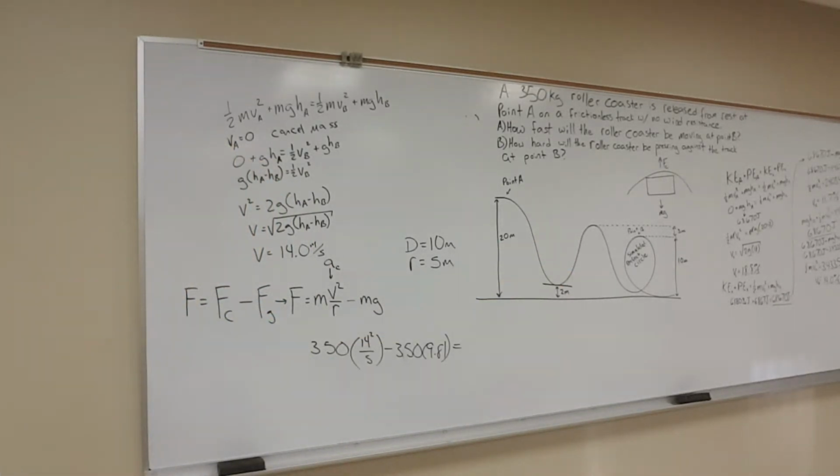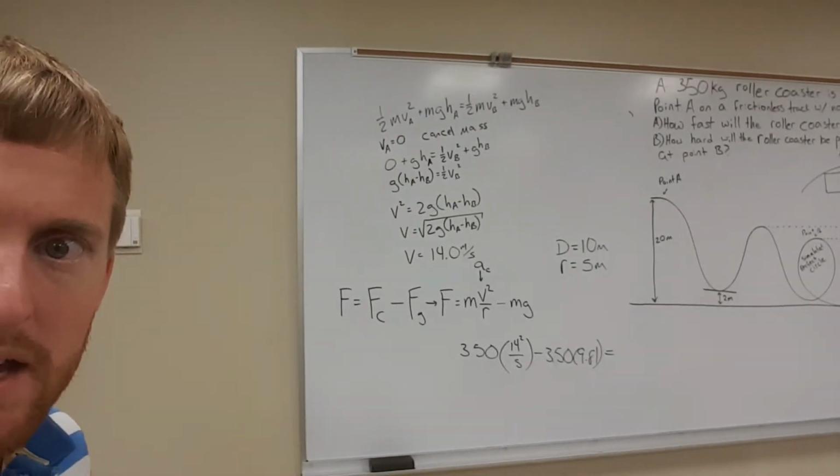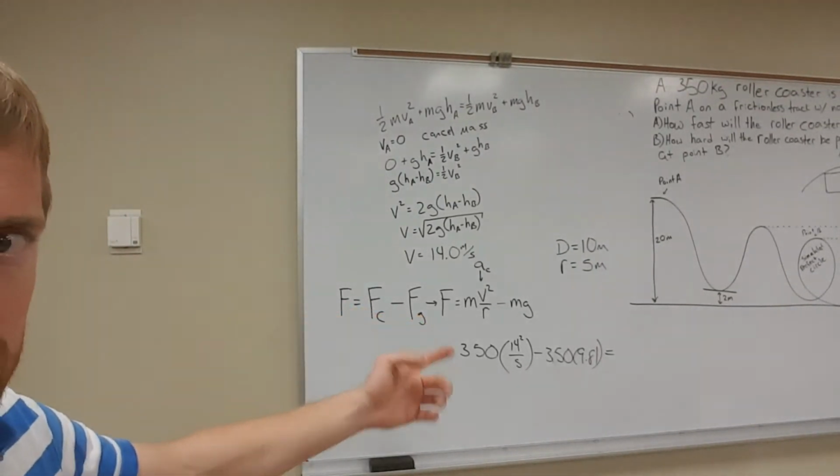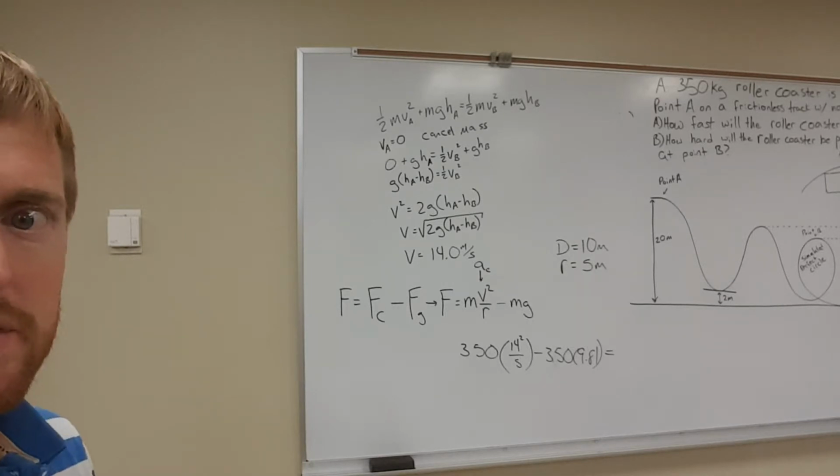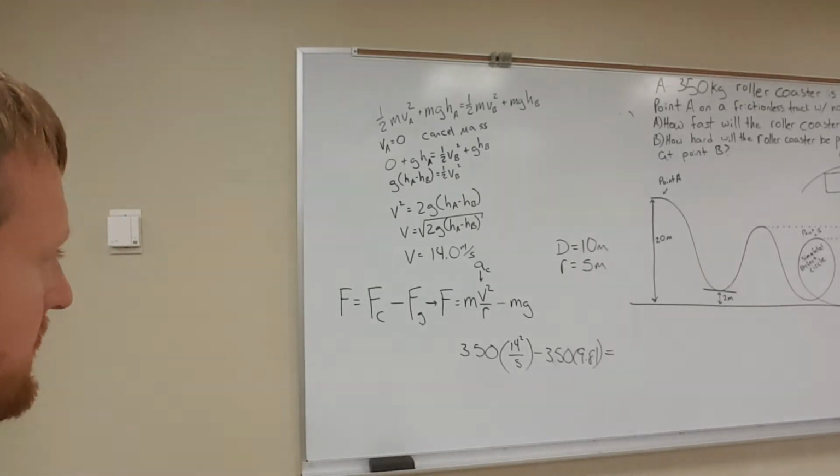So what do we get whenever we do that? Well, we have masses. You could probably factor out the masses, but I just put it along with the equation right there. And you could probably just solve it how it is.